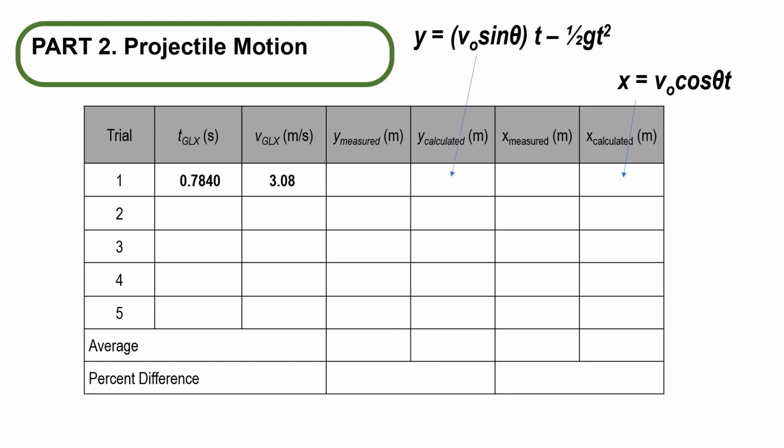After getting the time of flight and the initial velocity of the plastic ball, we need to compute the vertical displacement and the horizontal displacement.